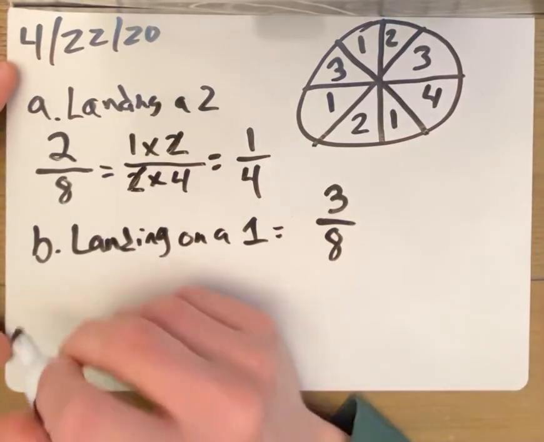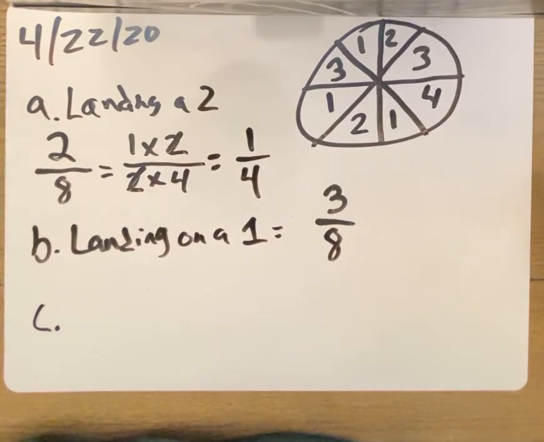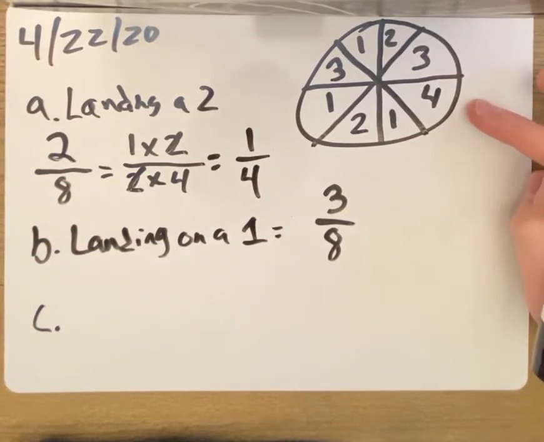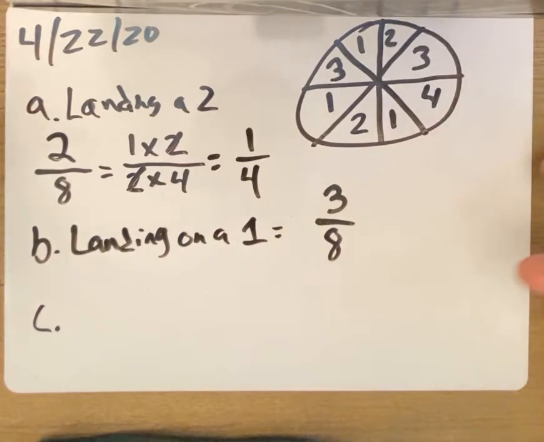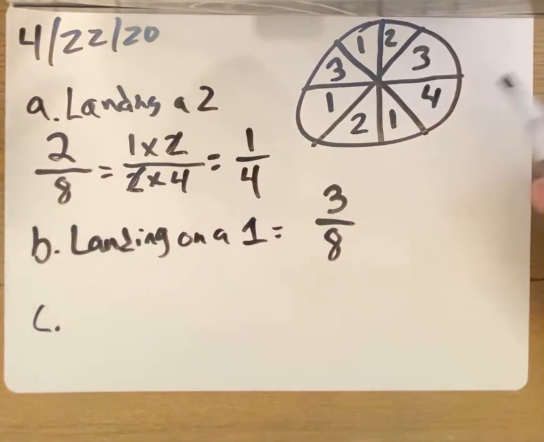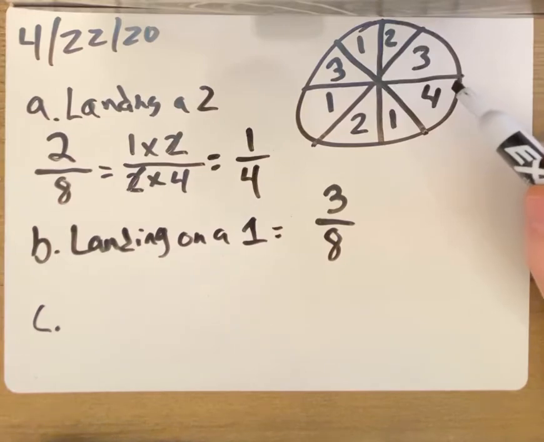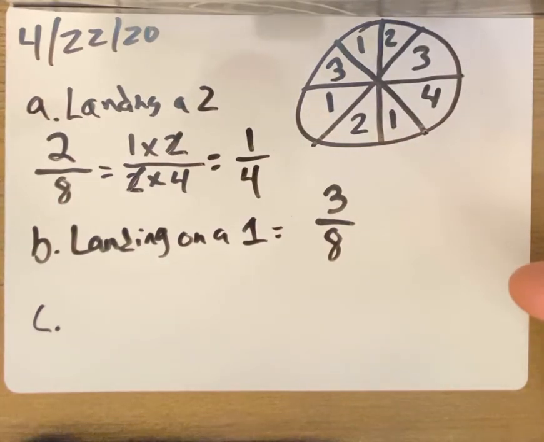Letter C says, is landing in each section of the spinner equally likely to occur? You cannot tell this from my spinner because, like I said, I drew it by hand. It's not a perfect circle. But is landing in each section equally likely? Yes. Do you know why? Because every single slice of pizza, if you look at your packet, is the same size.